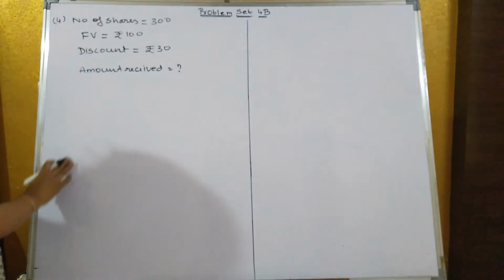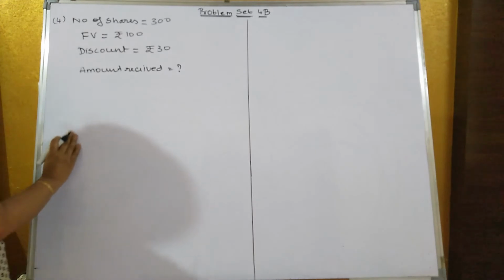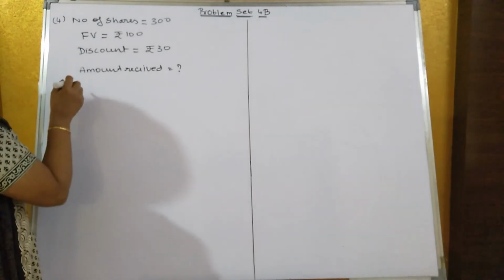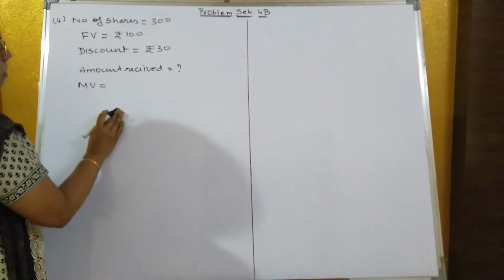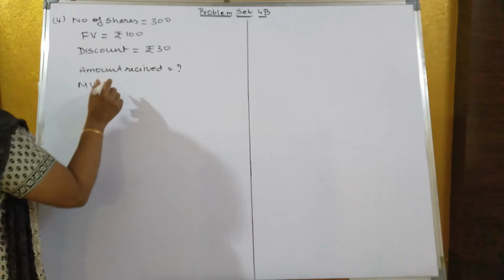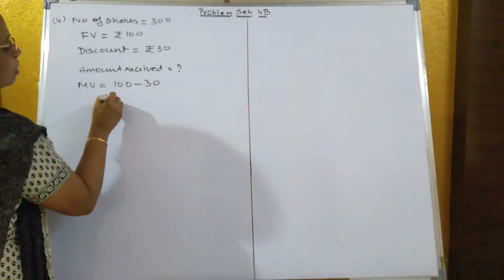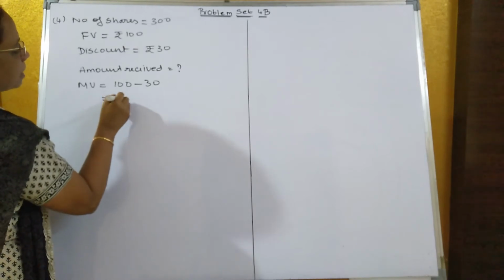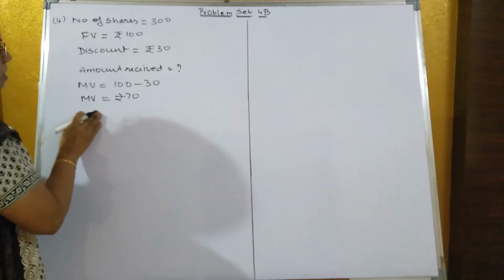So what is the formula for sum invested? Number of shares into market value. So first we'll find the market value. Since it is a discount, market value will be less than the face value. So that is 100 minus 30, that is equal to rupees 70. So market value is rupees 70.